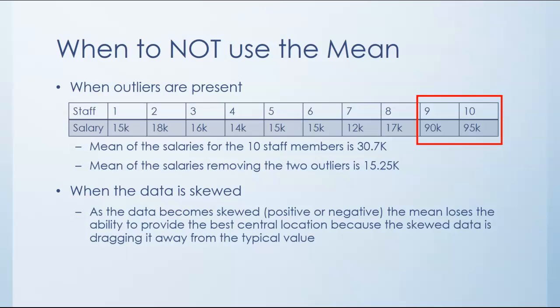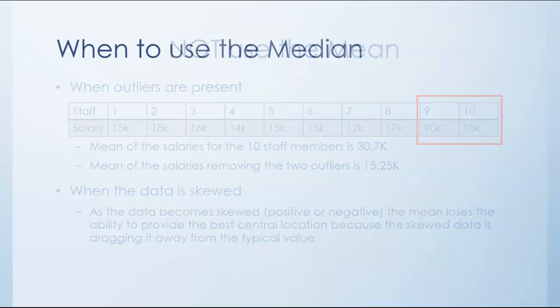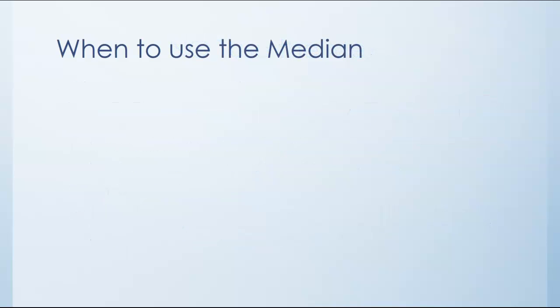So when you have these large numbers, or small numbers for that matter, they tend to really affect the mean, whereas they don't affect the median and the mode as much. So sometimes when we notice outliers, we'll either remove them, like we did here with the 90,000 and the 95,000, or we'll use one of our other measures of central tendency to describe the data a little better.